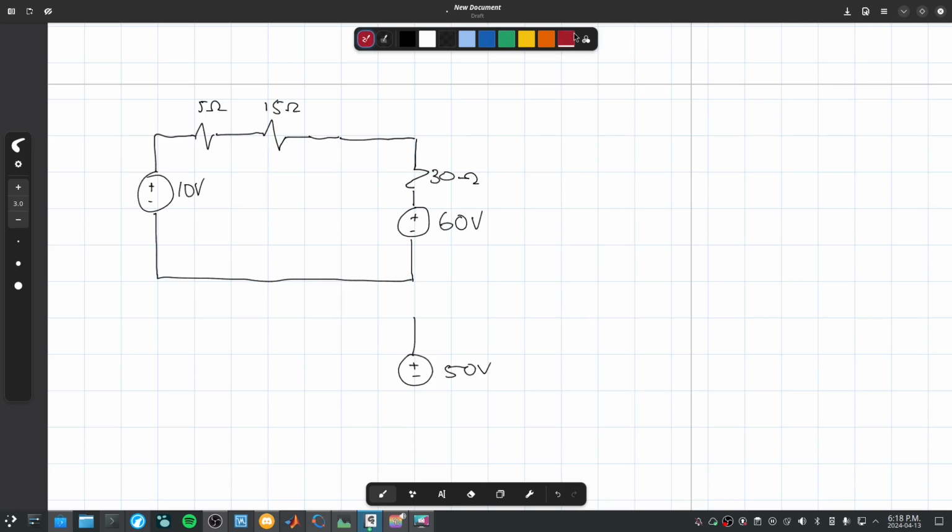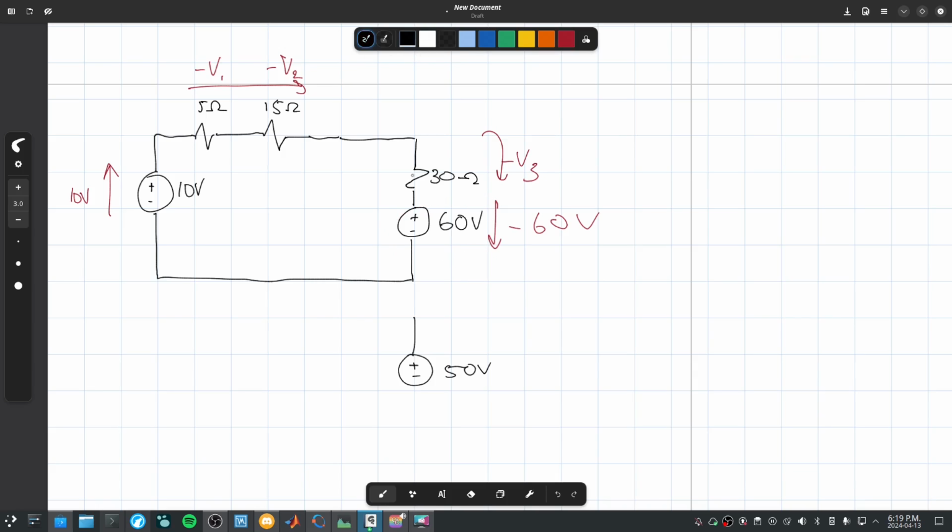And again, just to repeat myself, just to make sure it's very clear what's happening here. Across here, we gain 10 volts. We lose voltage 1 here, we lose voltage 2 here, we lose voltage 3 here, and then we lose an additional 60 volts here. So we can either combine this to be negative 50 volts, or we can put it here as 50 volts.